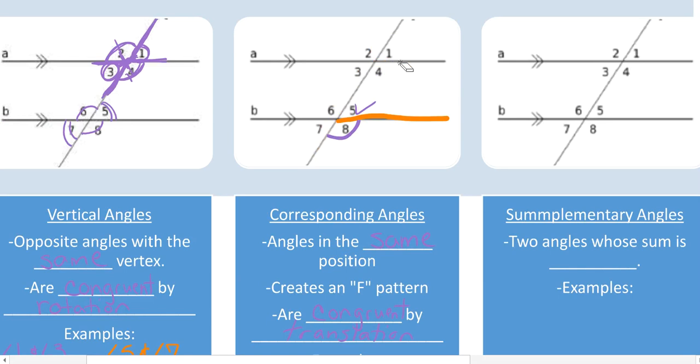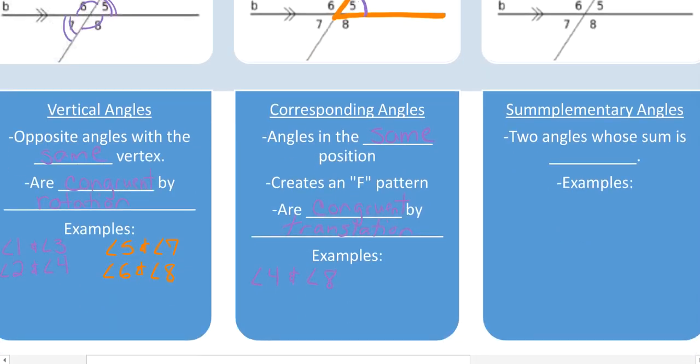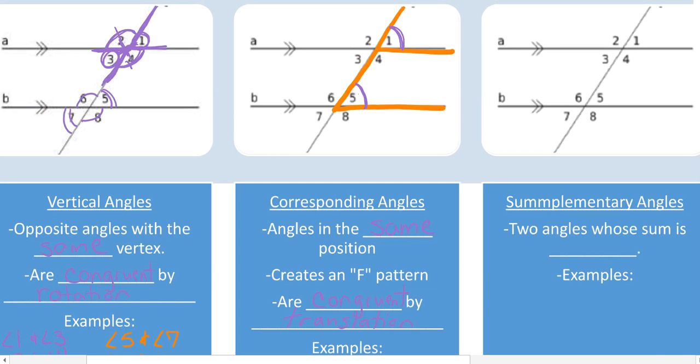So if I wanted to find another set of corresponding angles, I'm going to look for another F pattern. So I could use the transversal and create an upside down F. And that would allow me to see that angle 1 and angle 5 are also in the same position on each of the parallel lines, which means that angle 1 and angle 5 are corresponding angles and therefore are also congruent.